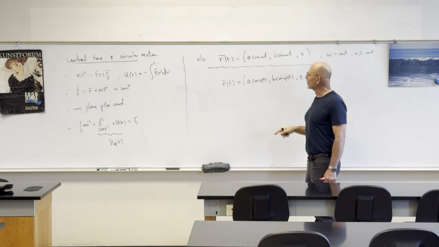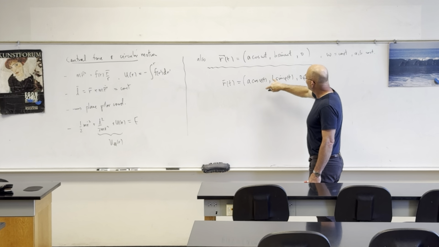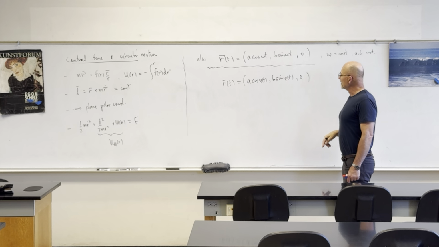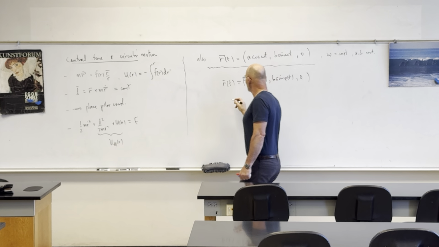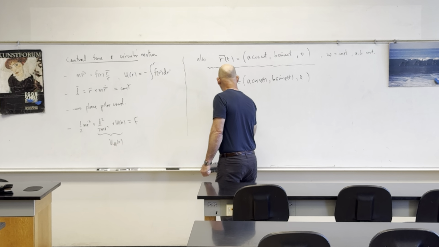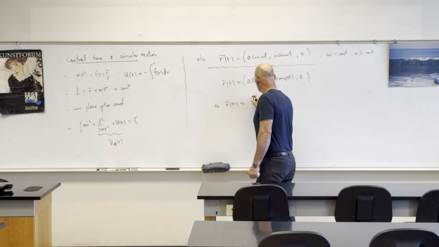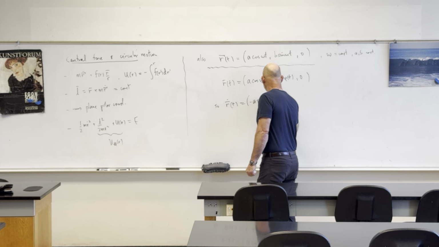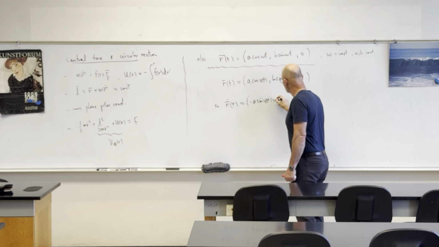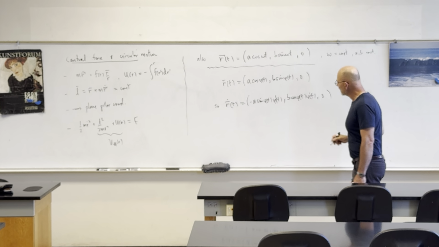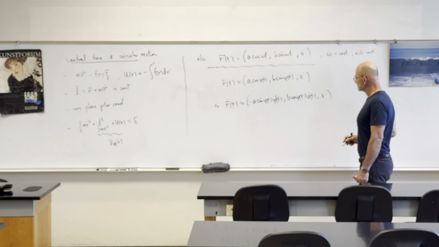X, Y, and Z. If you had a phi of t instead of a constant, actually, let's go ahead and do it. r dot would be minus a sine phi of t times phi prime of t, b cos phi of t times phi prime of t, and 0. So you could just pull the phi prime out there.